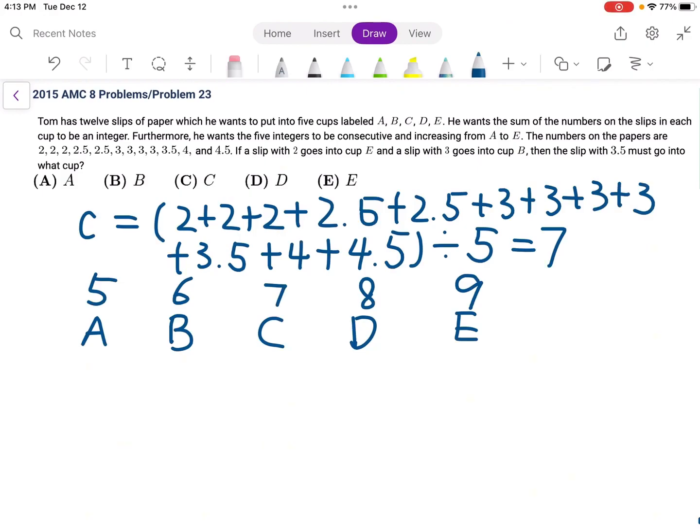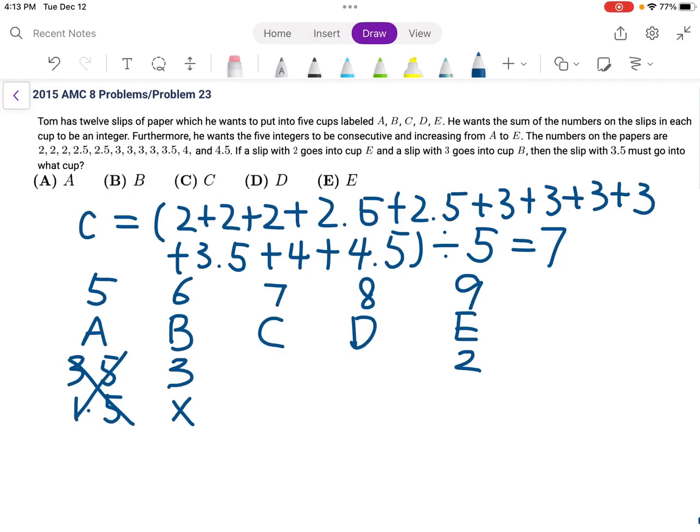The problem states that 2 goes into cup E and 3 goes into cup B. Therefore, 3.5 cannot be in cup B because 6 minus 3 only equals 3. And also, if 3.5 is in A, then it's left with 1.5, and that's less than 2. So this cannot happen either.